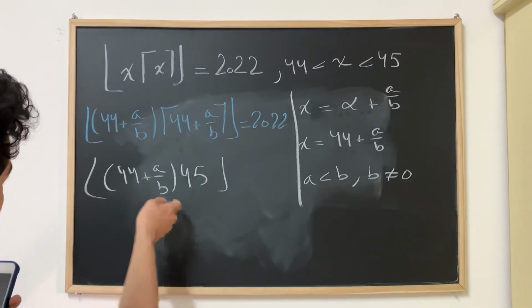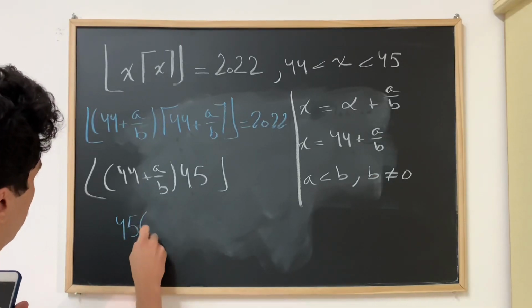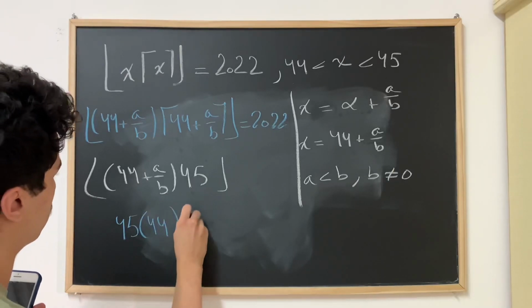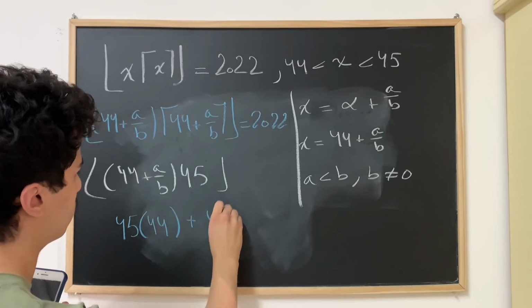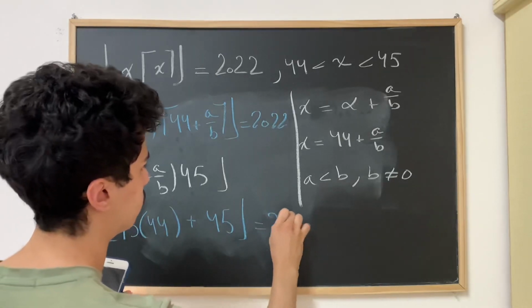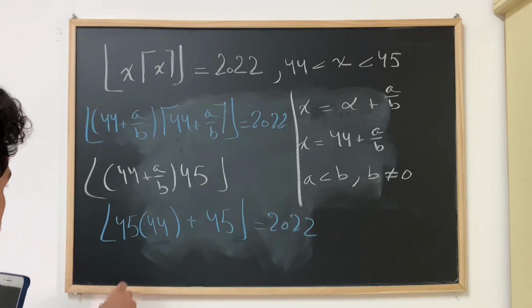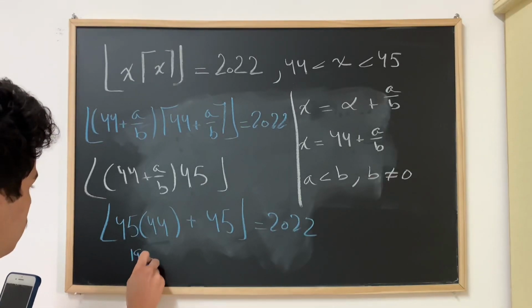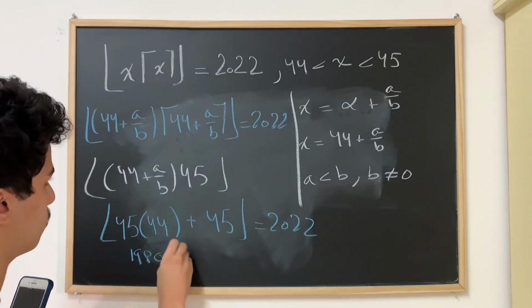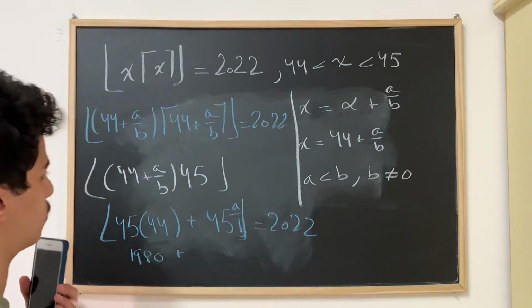Now let's expand this. 44 multiplied by 45 is 1980. I seem to have forgotten the fraction.